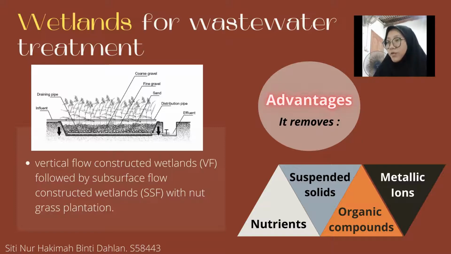At the top, we can see the nut grass plantation, and at the bottom, you can see the subsurface flow constructed wetlands. It is filled with 3 layers: the first layer is filled with sand, the second layer is fine gravel, and the last layer is coarse gravel.